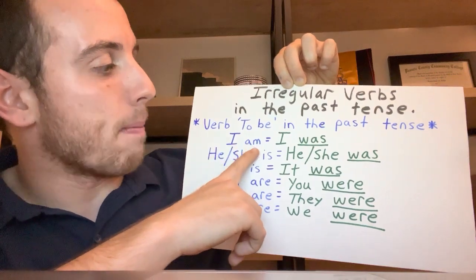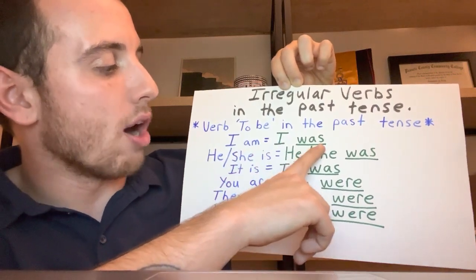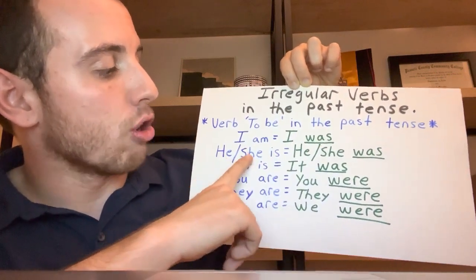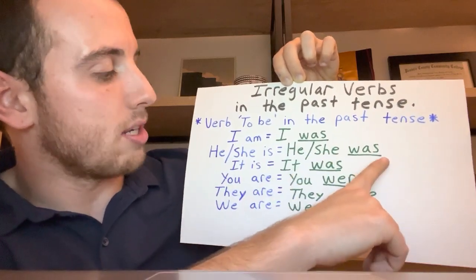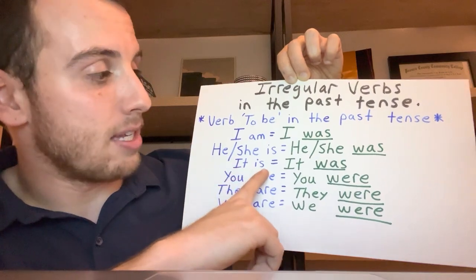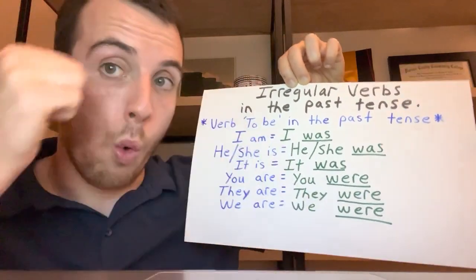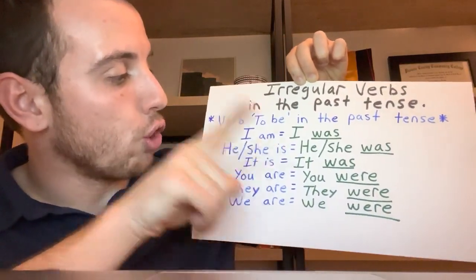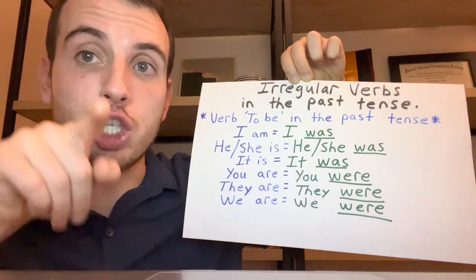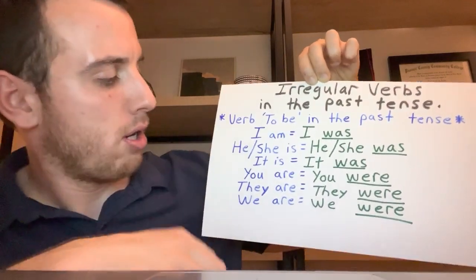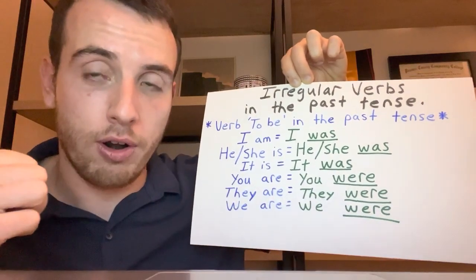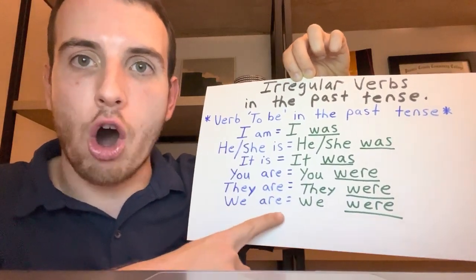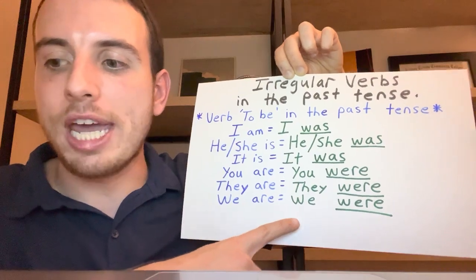So I am becomes I was. He or she is becomes he or she was. It is becomes it was. You are becomes you were. They are becomes they were. And we are becomes we were.